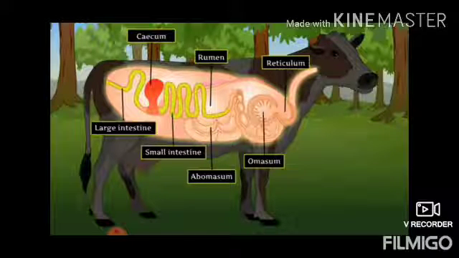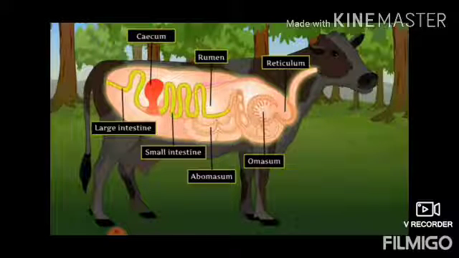The reticulum moves that partially digested food, that is cud, into the mouth again. Then the cow will chew the food again, and then it is passed through the reticulum to the omasum, where it is digested. After it has been still partially digested in the omasum, it is sent to the abomasum, which is called the true stomach of the cow.